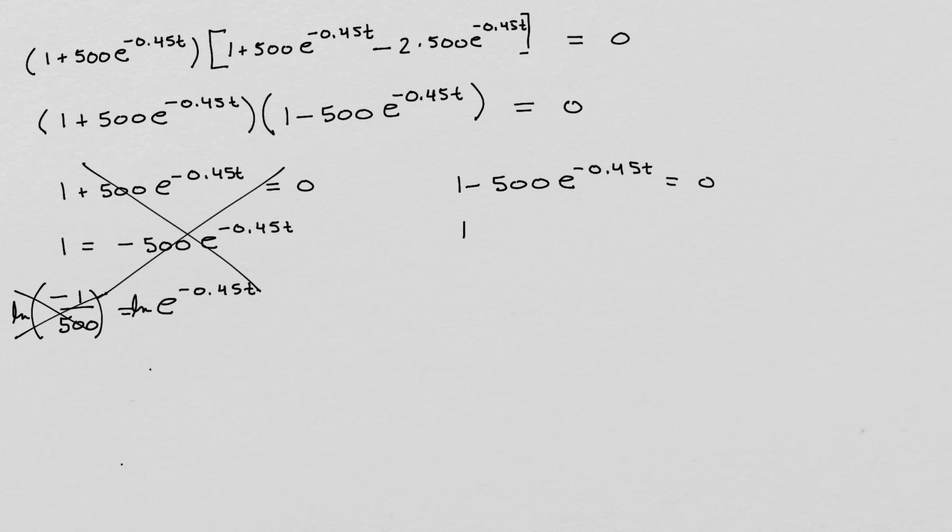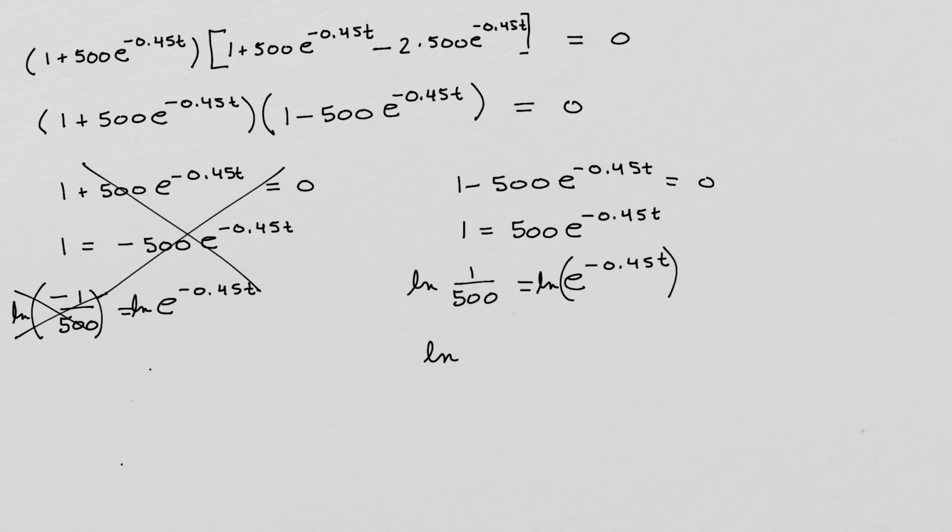So now, what if I have 1 equals 500 e to the negative 0.45t? So I have 1 over 500 equals e to the negative 0.45t. Take the natural log of both sides, and I get the natural log of 1 over 500 is equal to negative 0.45t.